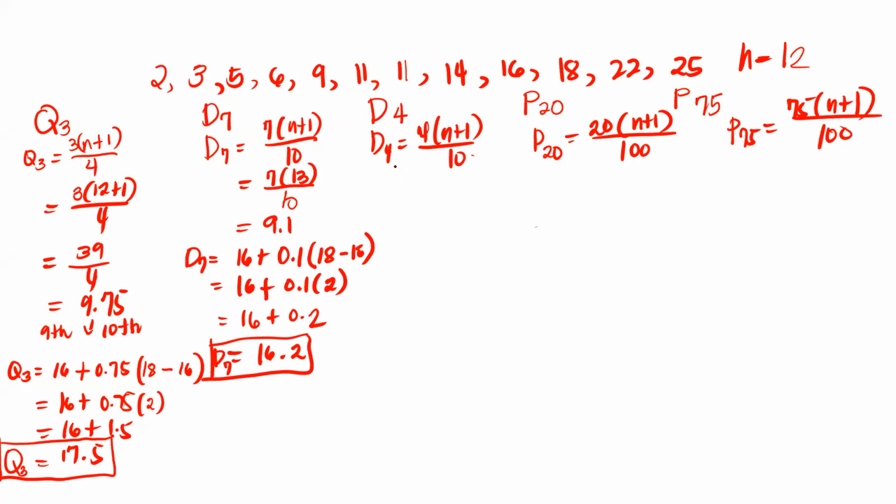So ganun na, ganito lang yan. Pare-pareho lang ng process. How about P sub 4? So we have 4 times 13 divided by 10. Ito ay 20 times 13 divided by 100. Ito naman ay 75 times 13 divided by 100. Ano-ano po yung mga answer dito?